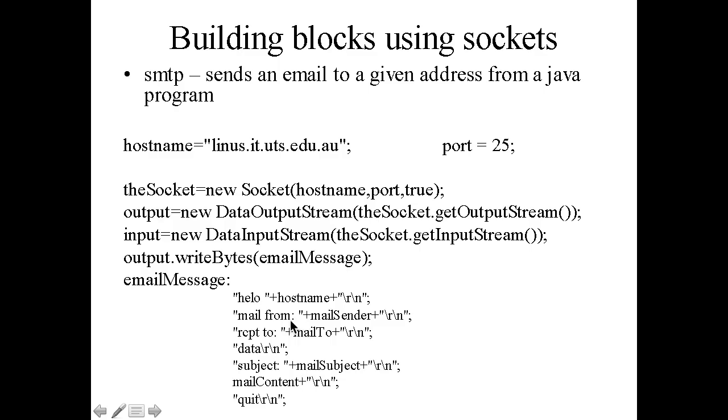Mail from, that's a code, and it'll actually show the address in here. Receipt to, that's who gets the address. The data, which comes in later. Some subject line, and then some mail content, whatever that may be. And then a quit command. So your entire protocol involves hello, mail from, receipt to, subject, and then quit.